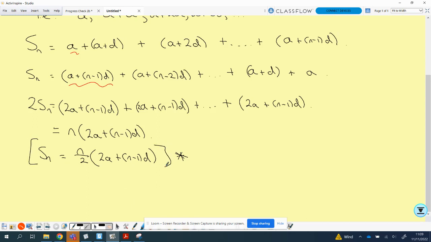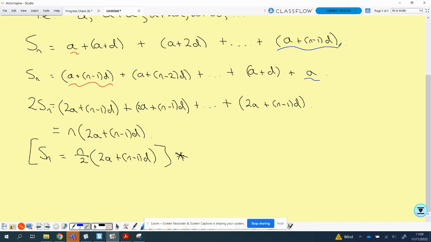Where did you get the 2 from in the last bit? Good question. The last terms were these two terms here. They were the last two terms in both the sequences. If I add those together, I've got a plus (n minus 1)d, and I've got an a to add on to that, so that a is going to join the other a to make two lots of a.